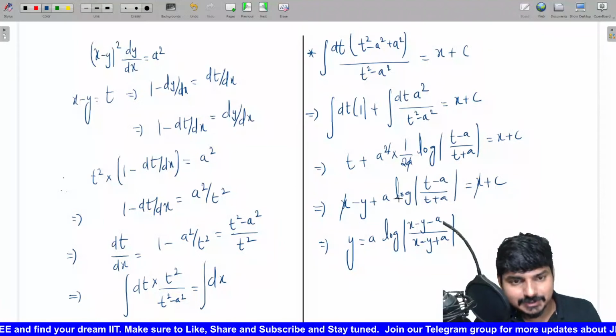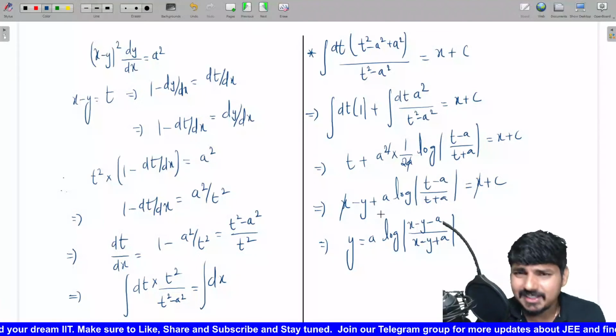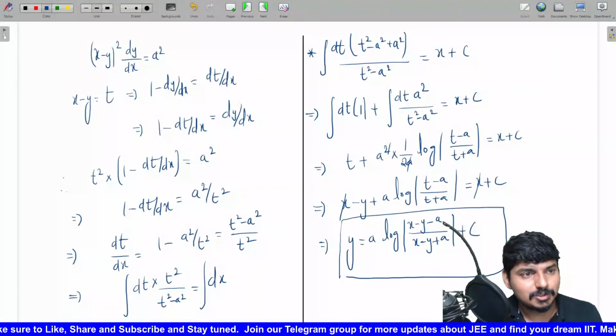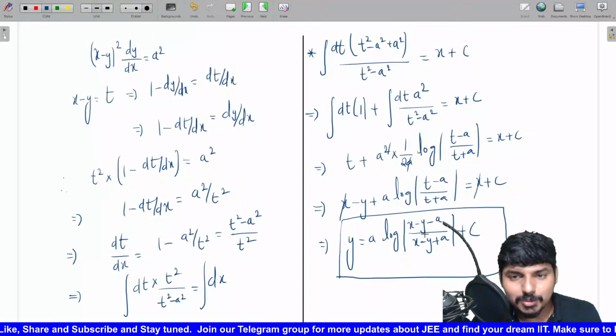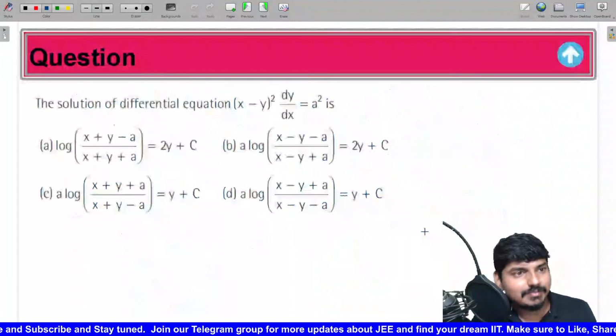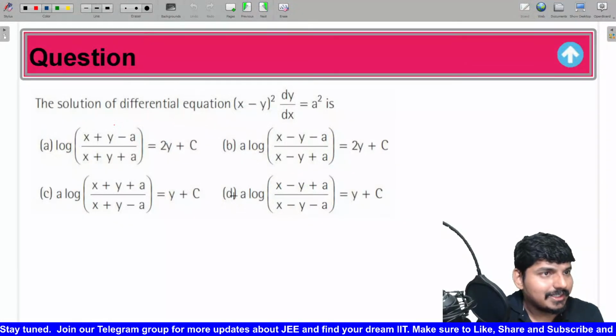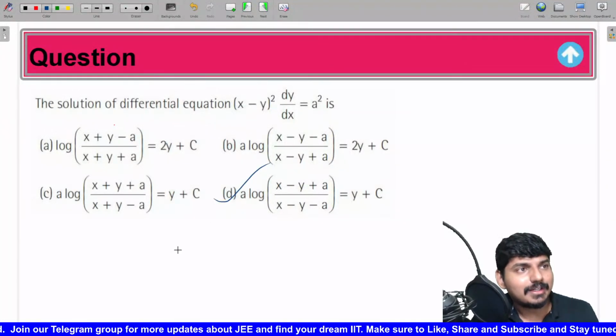You can take minus c this side, minus c plus c, it's a constant anyway, so you can write it as plus c, and this is the solution you are going to get. And if you see the options, everyone, I guess option D is going to be the right answer.